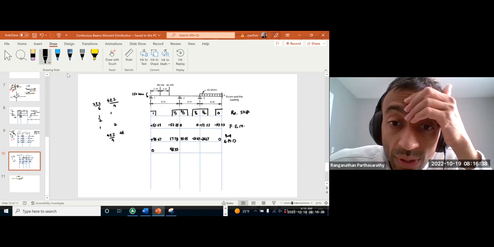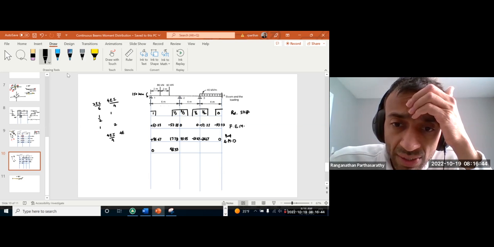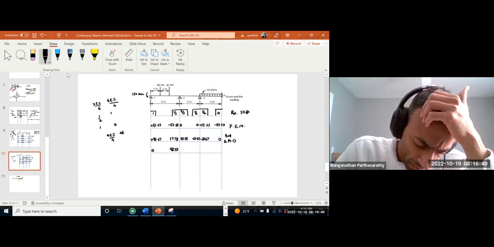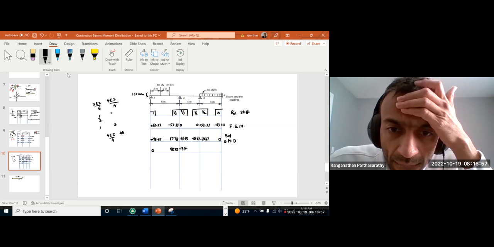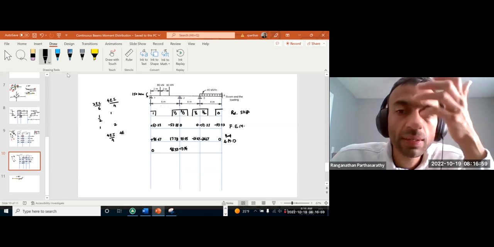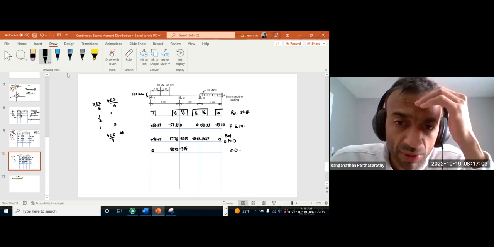Now on this side, we have negative 26.67 here, so half of that will get carried over here. Negative 13.34. And let's put this step as carryover. 35.55.